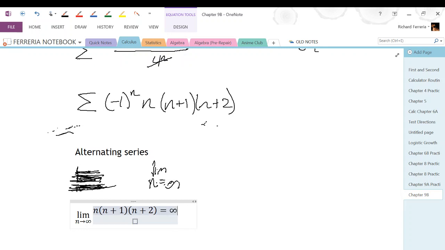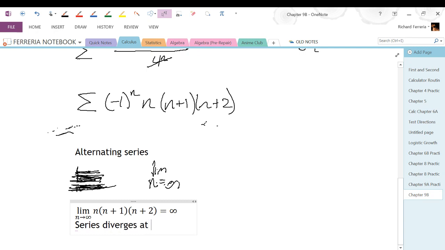So if this series has a limit that's not 0, that means the series diverges at x equals pi minus 4.